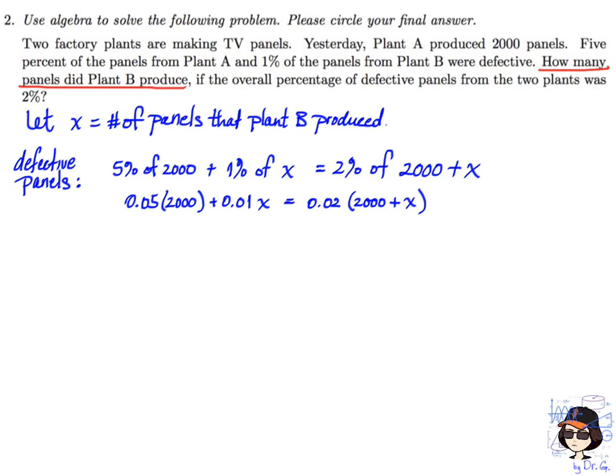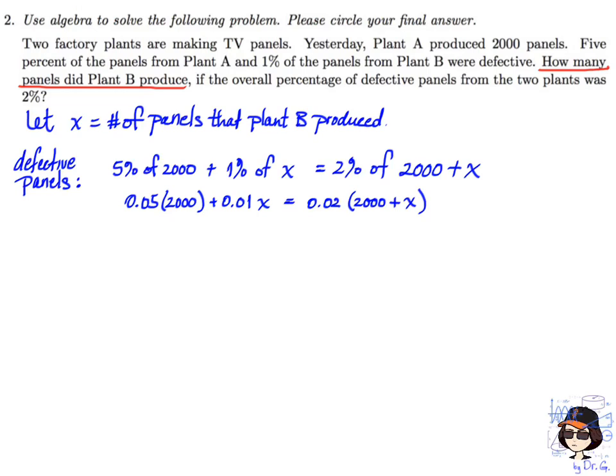So I don't like decimals. I don't know about you, but I hate decimals and I hate fractions. And so my recommendation is to get rid of them right away. So when we have fractions in our equations, we get rid of the fractions by multiplying both sides by the least common denominator.